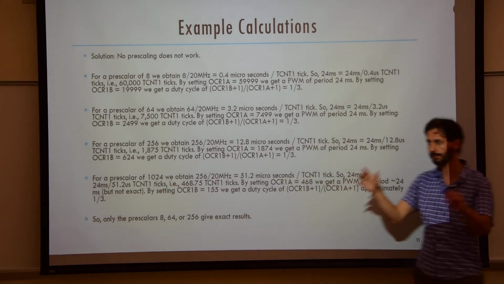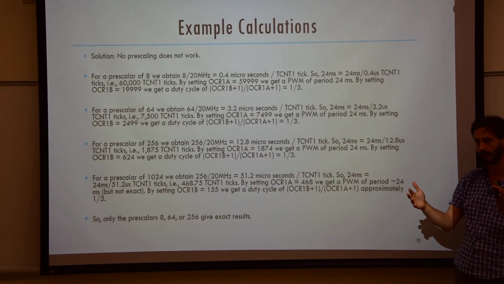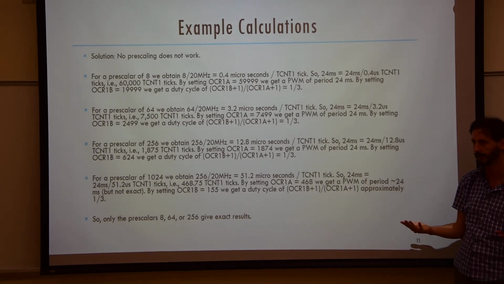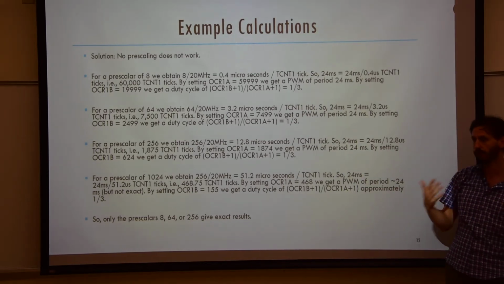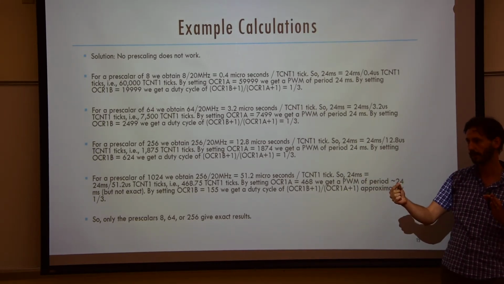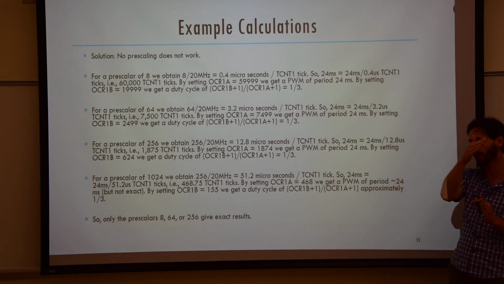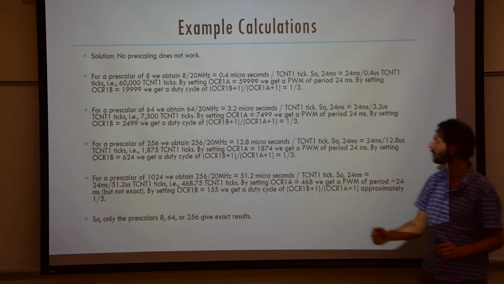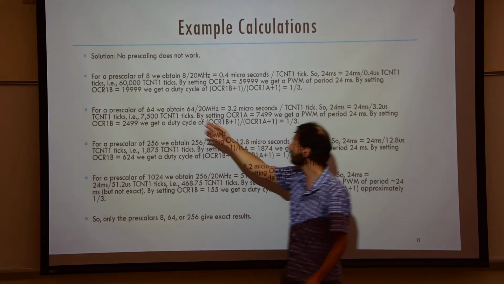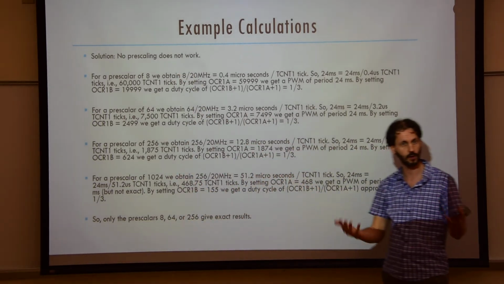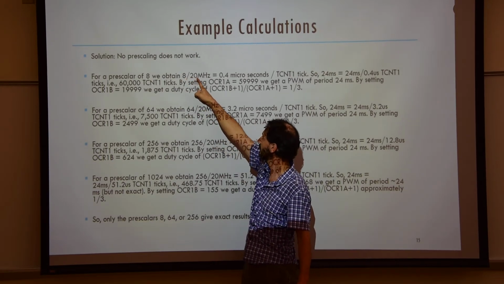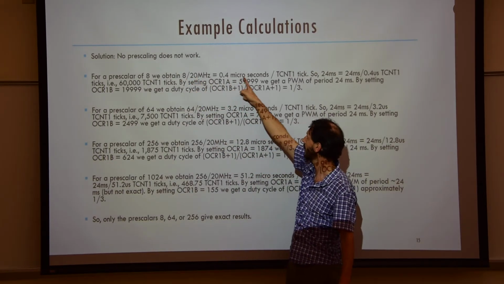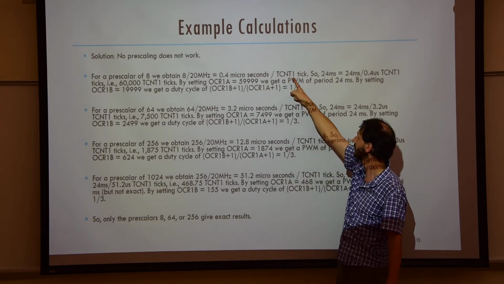Why? Well, if I divide the CPU clock by just 1, so no prescaling, then 24 milliseconds is way more than counting timer 1 all the way from 0 to its top value of 2 to the power 16 minus 1, because those 65,000 ticks correspond to much too little time if I don't do any prescaling. So I need to prescale it somewhat. For example, I can prescale by 8. Then we get 8 divided by 20 megahertz equals 0.4 microseconds per TCNT1 tick.